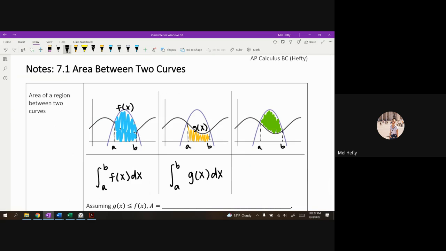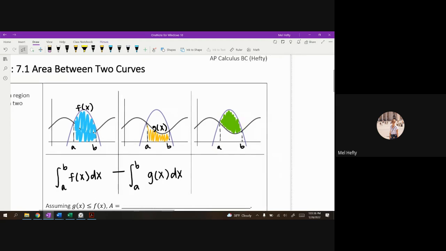All right, how could I use those 2 integrals to find the green thing? Wow, you learned all of the notes for today. Yeah, this section is really easy. So I'm going to give you guys a couple of ways to write this and a little bit of verbiage that's going to be pretty consistent throughout the unit. So I can just subtract these 2 outside the integral. That's perfectly fine.